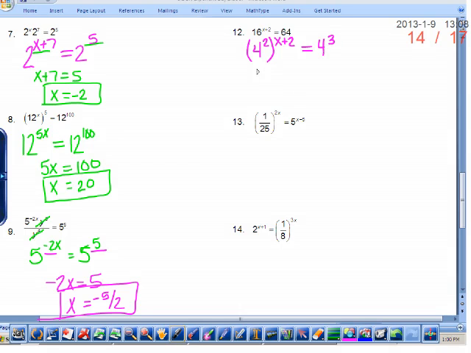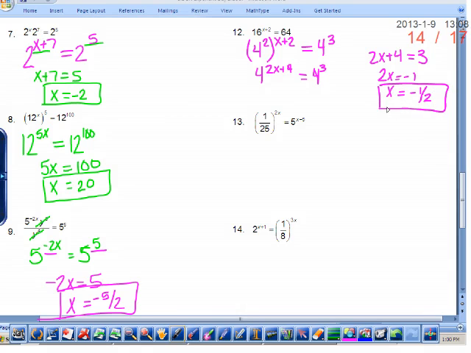Okay. So this is 4 to the 2x plus 4 equals 4 cubed. So I've got that 2x plus 4 equals 3. 2x equals negative 1. X equals negative 1/2.